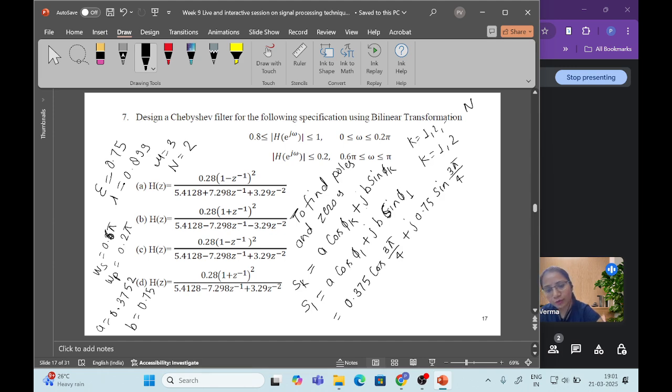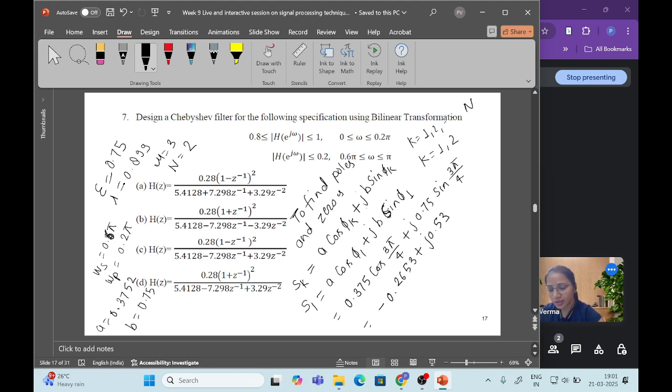Okay, now if you further get the cos 3 pi by 4 value and sin 3 pi by 4, put them in and multiply, you will get the value minus 0.2653 plus j 0.53.